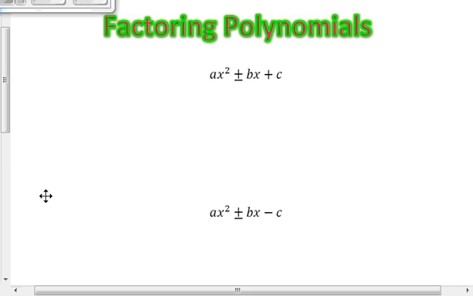Factoring polynomials, more specifically quadratics, we look at standard form, which is ax squared plus or minus bx plus or minus c.